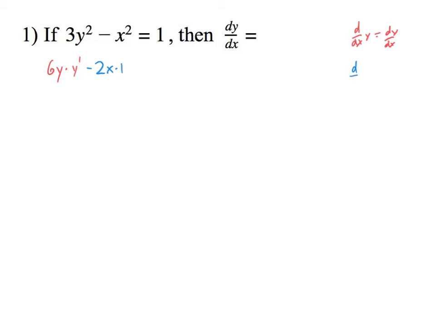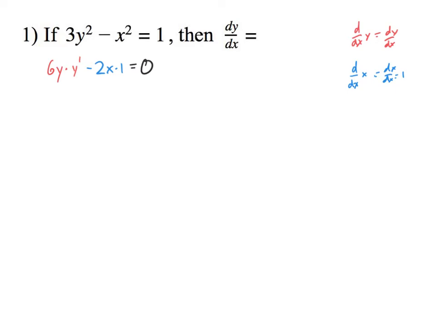Because think about it, what is the derivative of x? Isn't that just going to be dx over dx, which is 1? If you think about that, it kind of makes sense that the derivative of x is 1. But the derivative of y is dy dx, or y prime. And then the last piece, the derivative of the 1 is 0. So I just took the derivative of each piece where it sits.